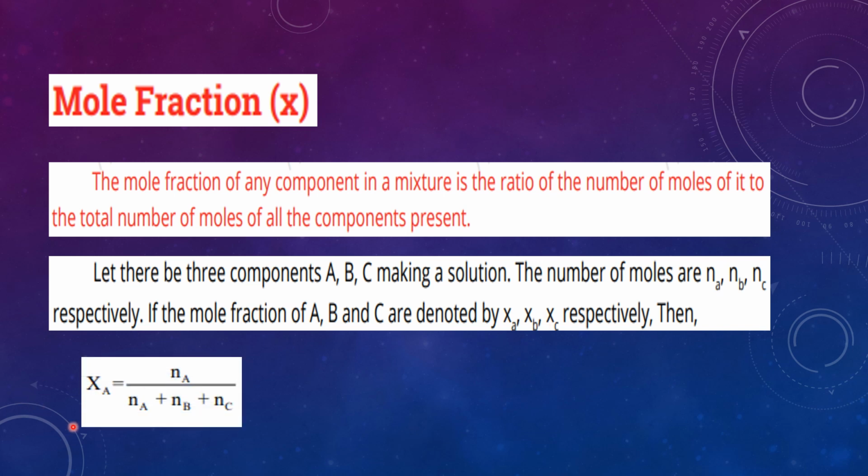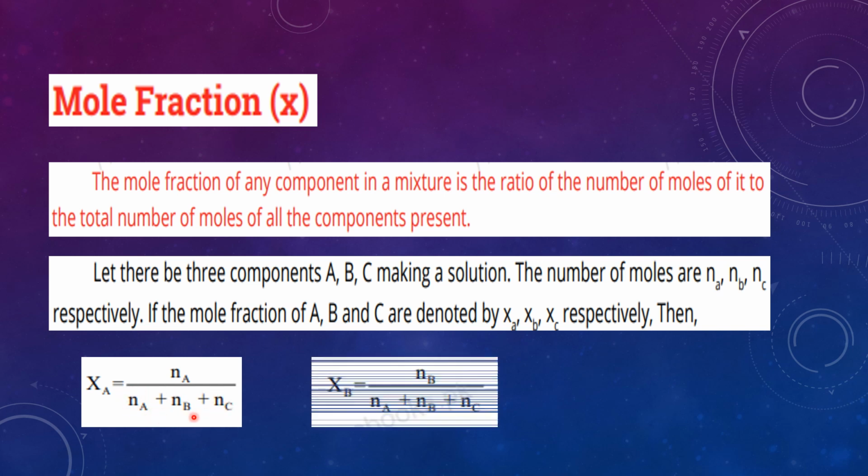The mole fraction of A will be calculated as the number of moles of A divided by the total number of moles of all the components present in the mixture. In the same way, the mole fraction of component B will be the number of moles of B divided by the total number of moles of all the components present in the mixture.